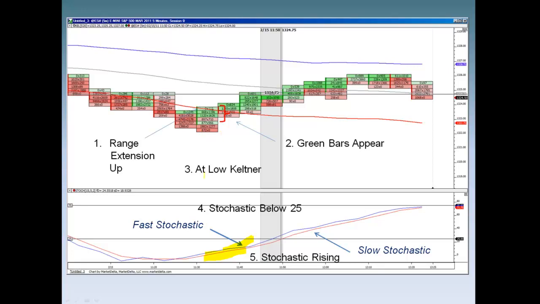By the same token, if I were to come over here, and since I'm in a narrow range, look at how narrow this range is of the Keltner. And if I wanted to take a short at this point from the top of the range, I'm close to the top of the range. I'm starting to get a buildup of red, and the stochastic is up here high towards the top reference line.